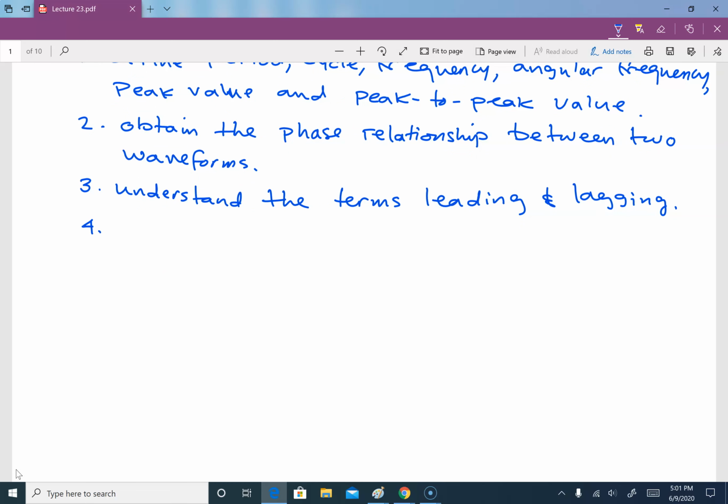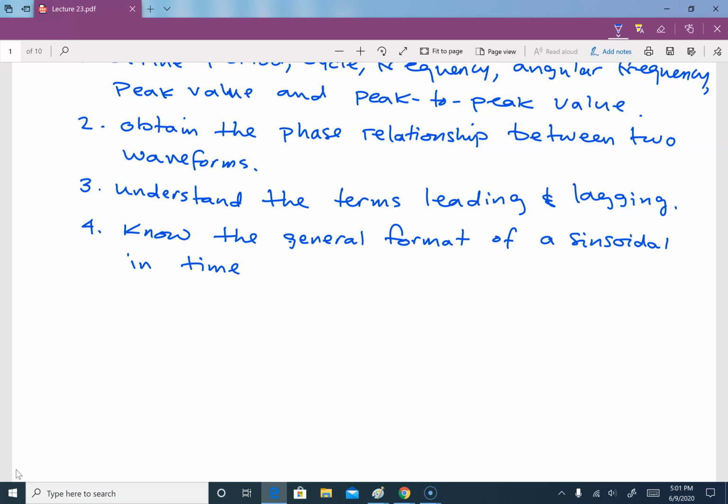And the last objective here is to know the general format of a sinusoidal in time domain.